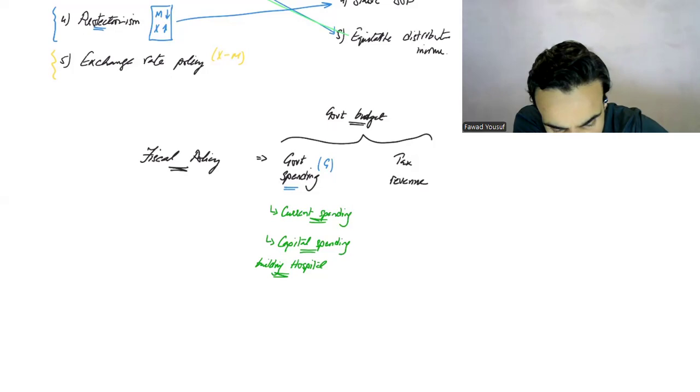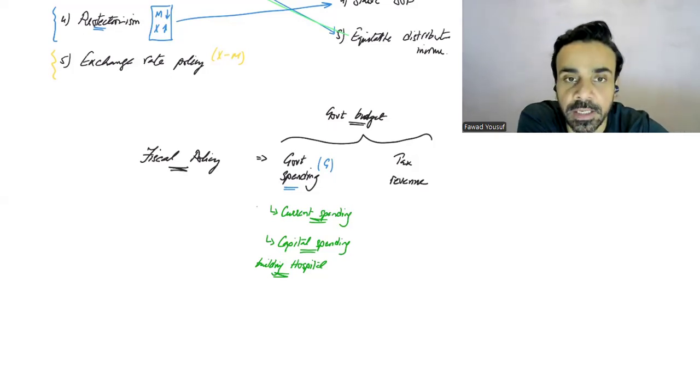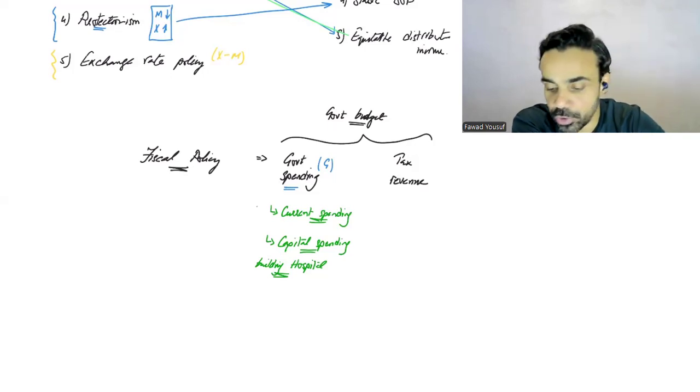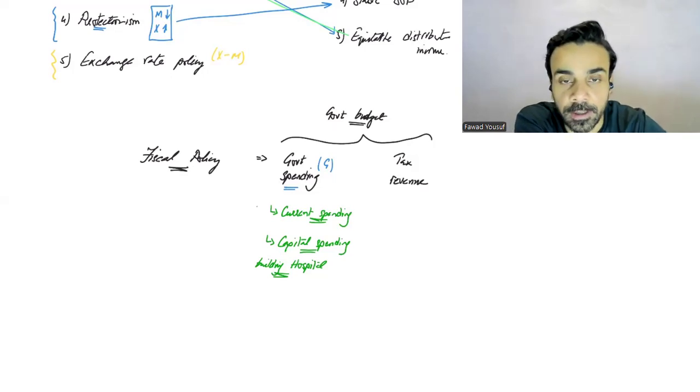The reason why I'm dealing with this is because of the 3 marks in the 8 marks. They can actually give you a question in which you may be required to answer for 3 marks in terminologies. So current spending and capital spending basically fall under exhaustive.